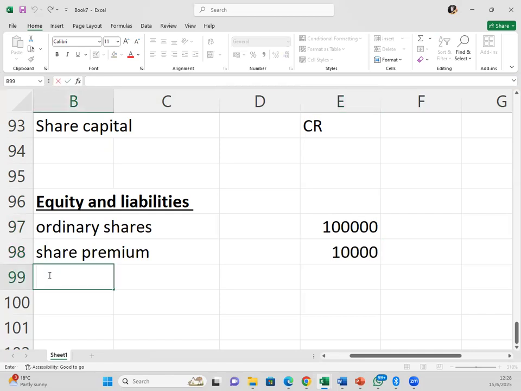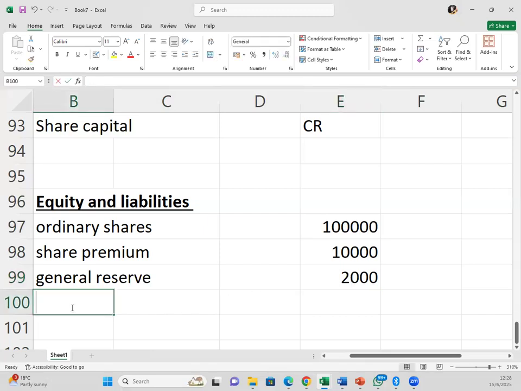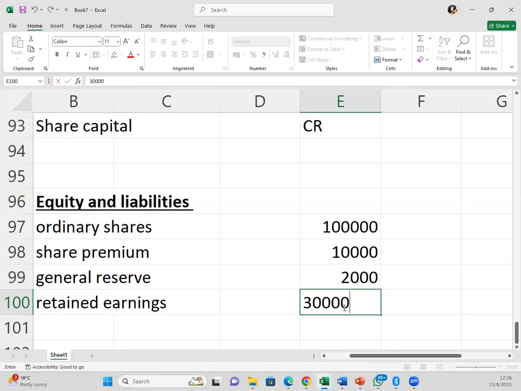Then we have general reserve, 2,000. Then retained earnings, 30,000.